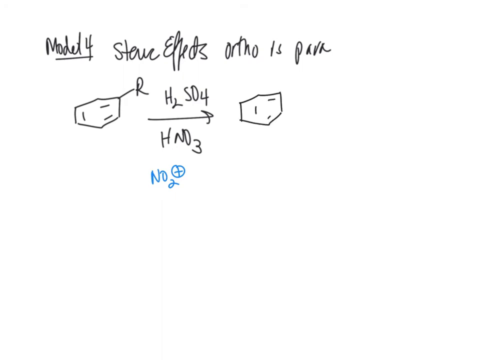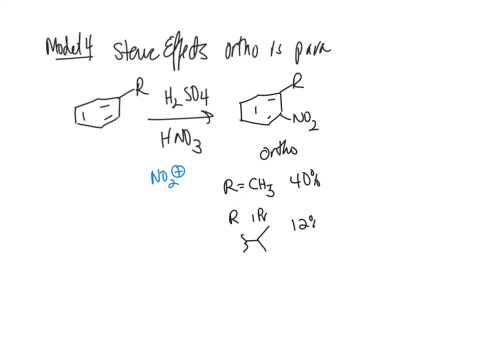All right, so they're showing you, if you have the ortho, and if R is just a methyl group, you get ortho at 40%. If R is an isopropyl, it's only 12%. Let's look for meta. We know that your R group for meta is going to be really low yield, right?